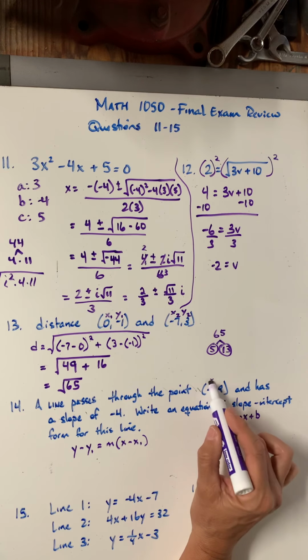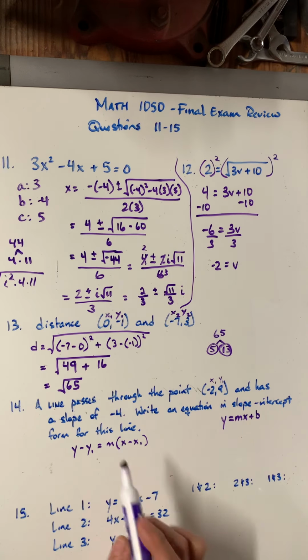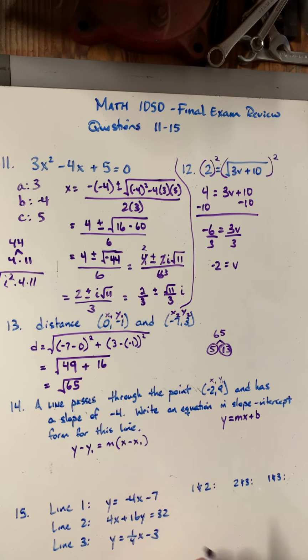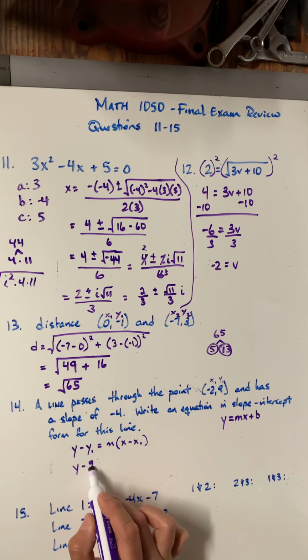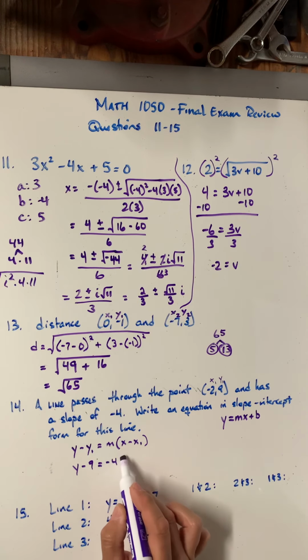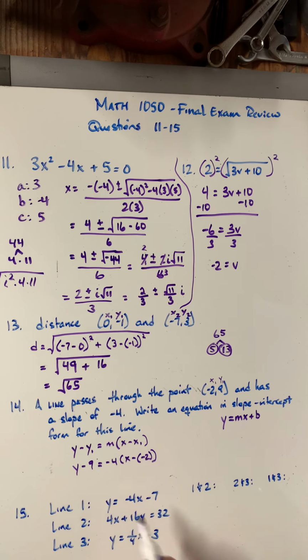This is the point they give me, so I'm just going to call that point 1. I don't have a point 2. And my slope is -4, so that's my m. So I would write y minus 9 equals -4 times x minus -2.